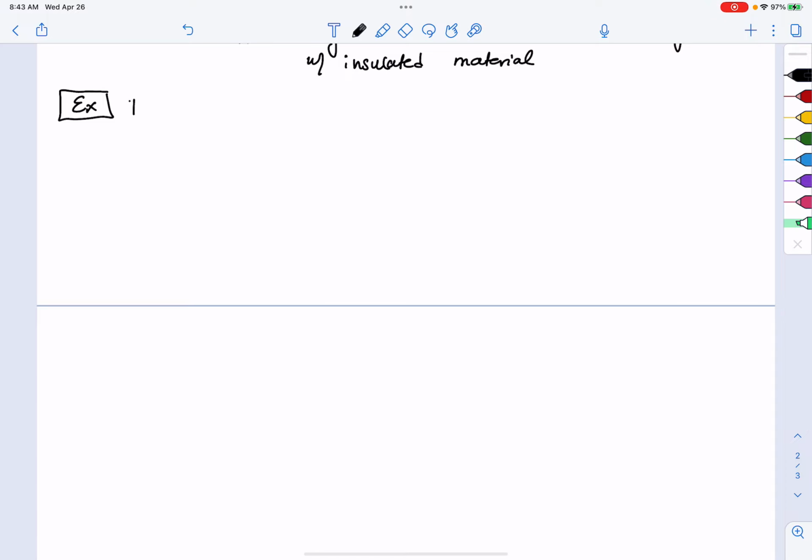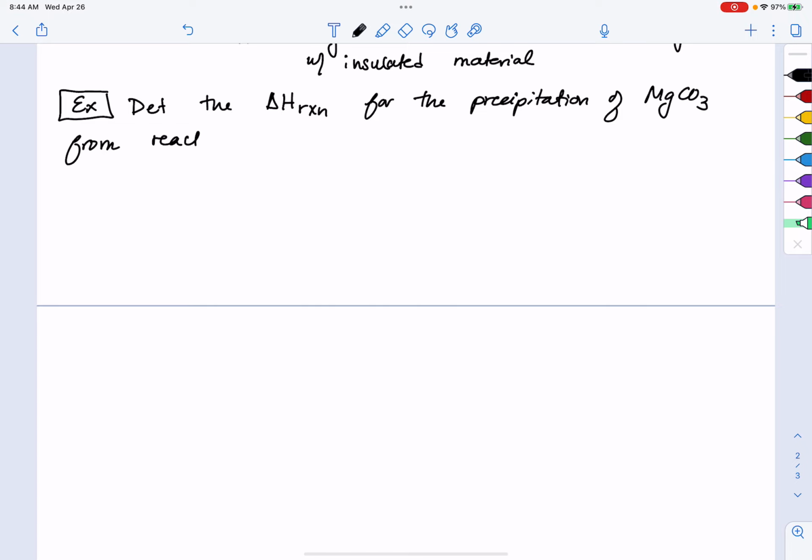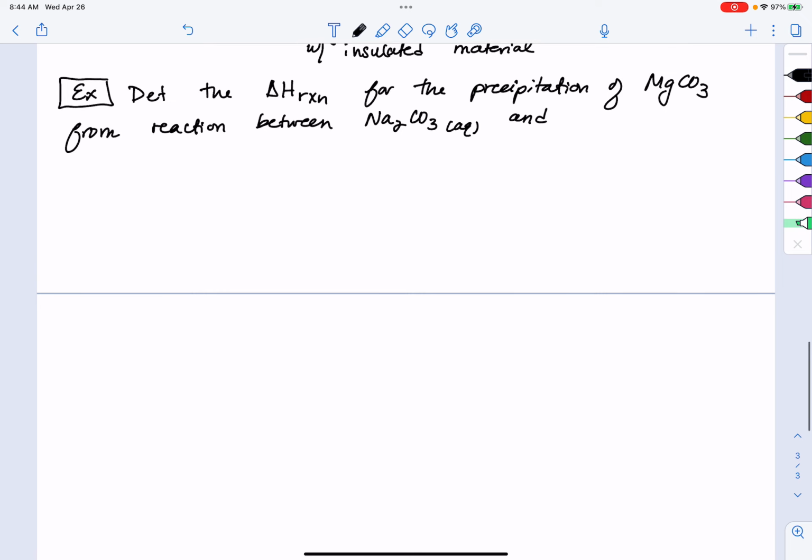So let's determine the heat of a reaction for the precipitation of magnesium carbonate from the reaction between sodium carbonate solution and magnesium nitrate.